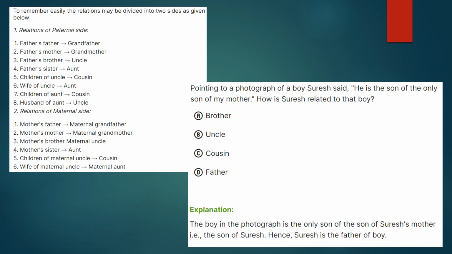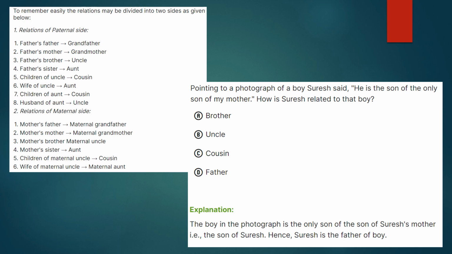Now, coming to the first question: pointing to a photograph of a boy, Suresh said, "He is the son of the only son of my mother." How is Suresh related to that boy? Now, try to understand the starting sentence of the question: pointing to a photograph of a boy, Suresh said.